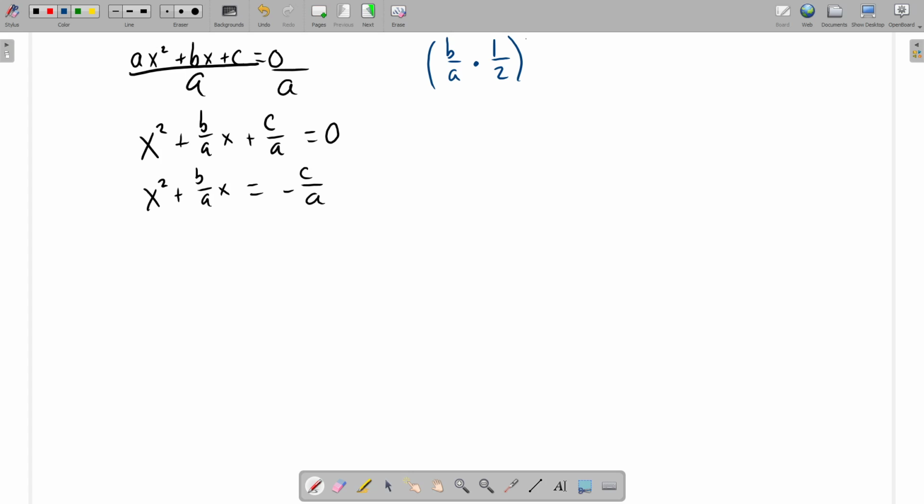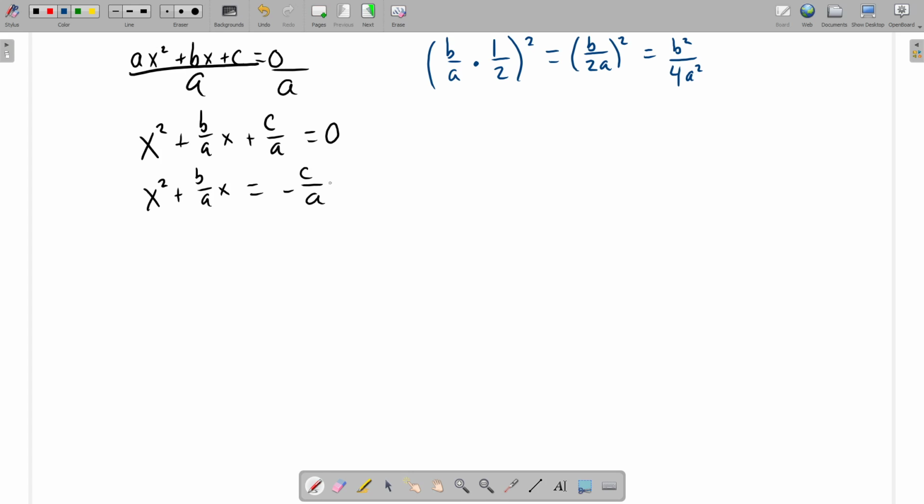So we're going to do this and then we're going to square it. Multiplying fractions, remember we multiply straight across the top, straight across the bottom. So we have b over 2a. And if we square this, we need to square each of these terms individually. So we get b squared over 2 squared, which is 4, a squared.